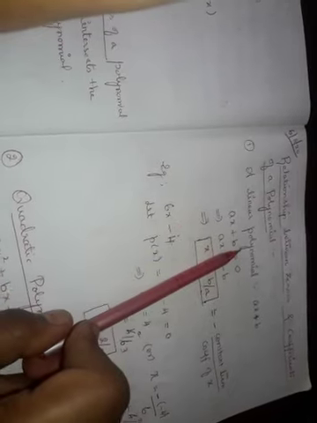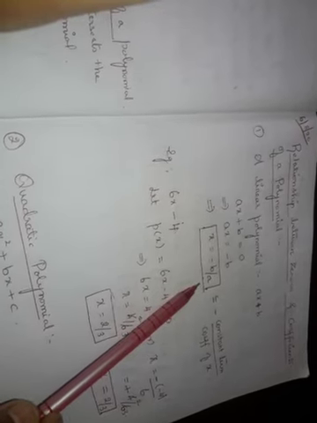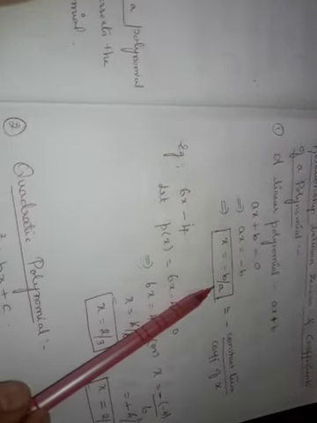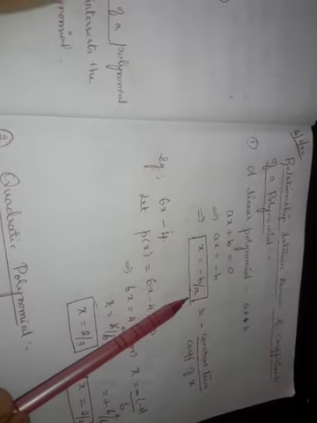So before that we saw how we can obtain the zero of a linear polynomial. For a linear polynomial, the zero can be obtained by minus b by a, because a linear polynomial can have at most only one zero, which is obtained by minus b by a, the constant term divided by the coefficient of x.